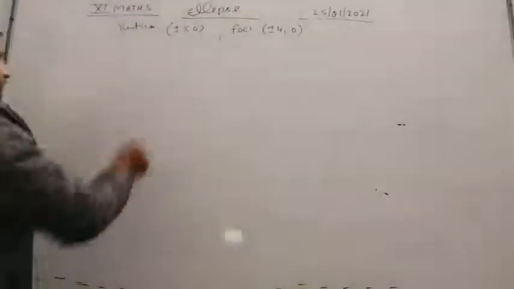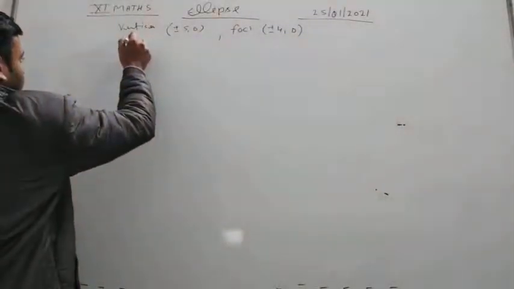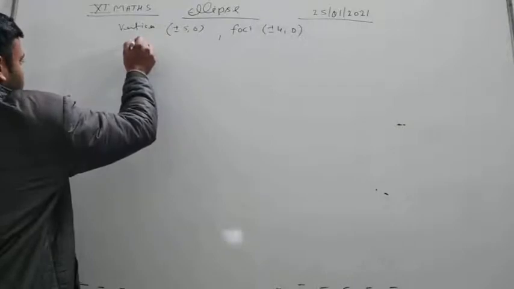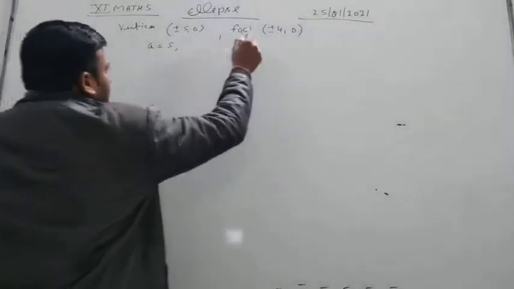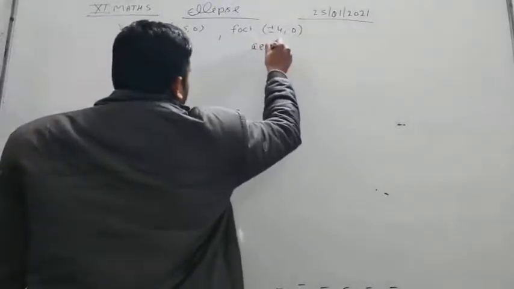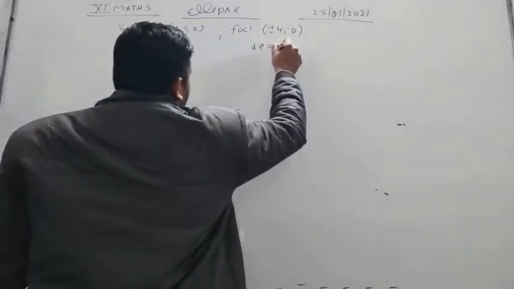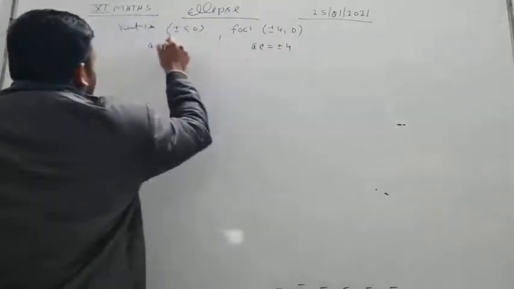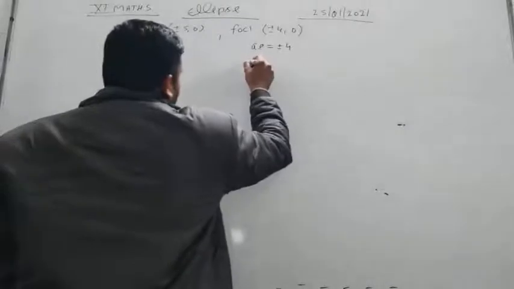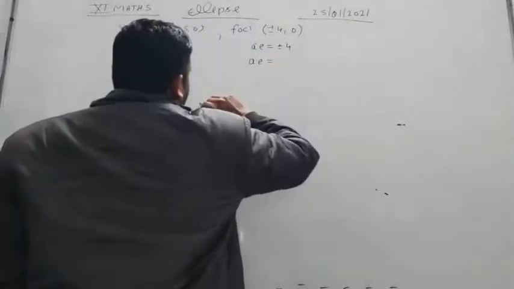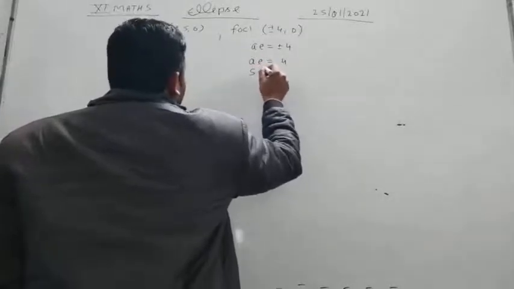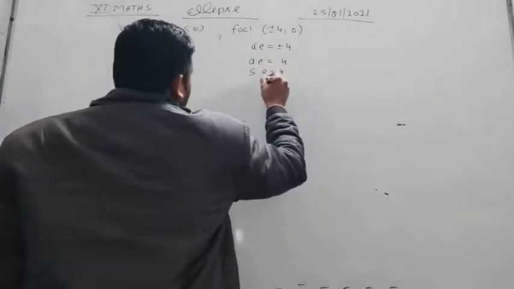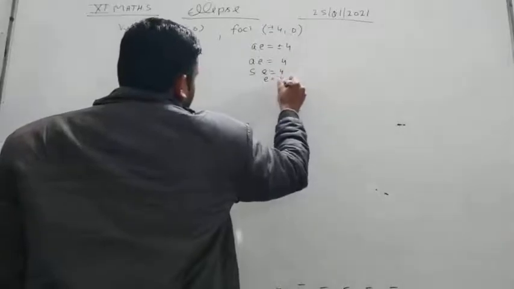So we compare with the vertices, so we write a is equal to 5, and from here we have seen that ae is equal to 4. Now our a is 5, so ae is equal to 4, so e is equal to 4 by 5.